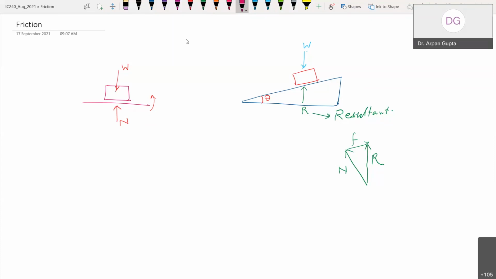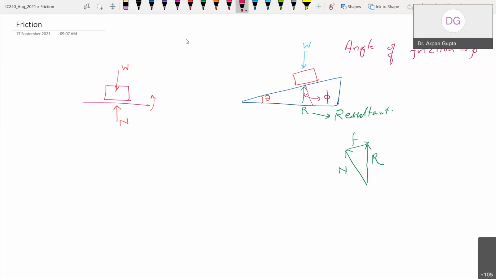Now, with respect to the normal line, this is the angle by which the resultant moves. This angle is called your angle of friction, phi. This is what we discussed yesterday, angle of friction, which is phi.